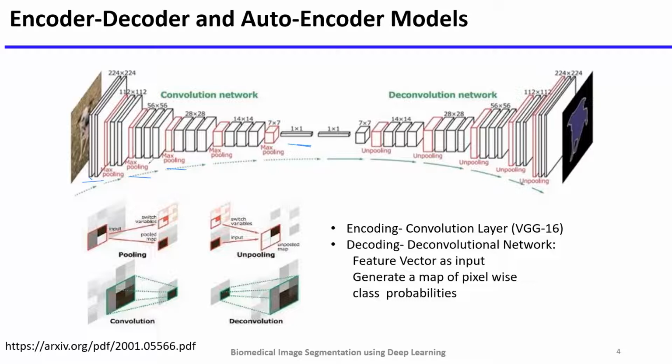Then what pooling means here: if you are performing pooling for any input, we can do it using a switch variable and pool map. If we apply max pooling, the maximum feature of the 2x2 we can take as a single value. So initially, if you apply max pooling, the size of the image is going to reduce.